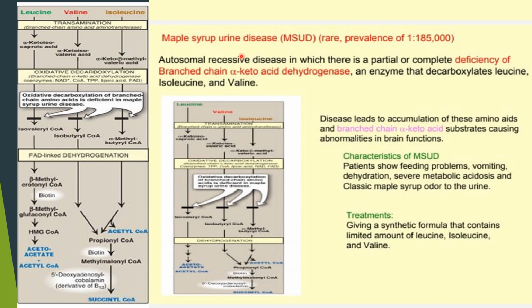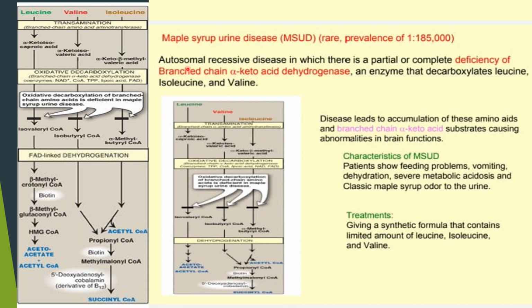Now we discuss maple syrup urine disease in somewhat more detail. As I have explained in the previous video, during maple syrup urine disease, the enzyme branched chain alpha keto acid dehydrogenase is not working properly, and therefore the alpha keto acids are not processed further and they are accumulated.